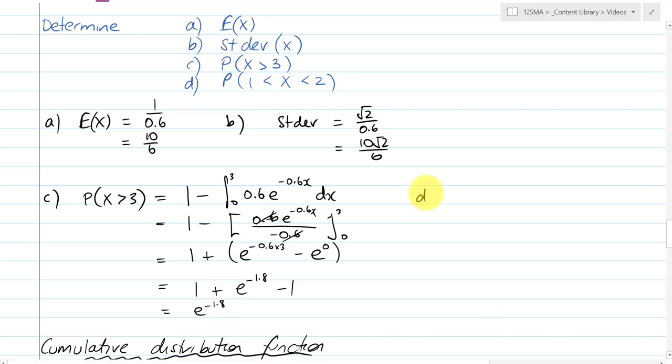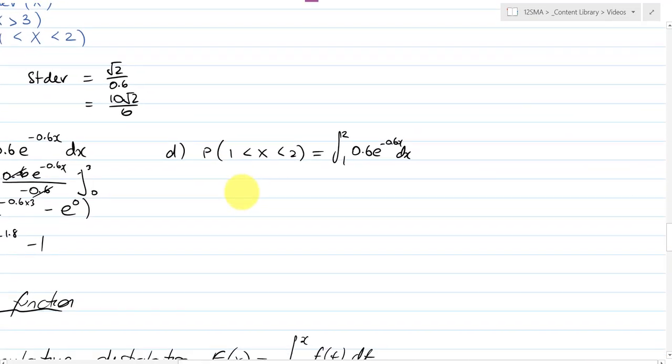And of course D is very similar, but this time we're looking at between 1 and 2 for x, and so we're trying to find the integral between 1 and 2 of 0.6 e to the negative 0.6x dx. And if I slide along here now, I can do that calculation as well.